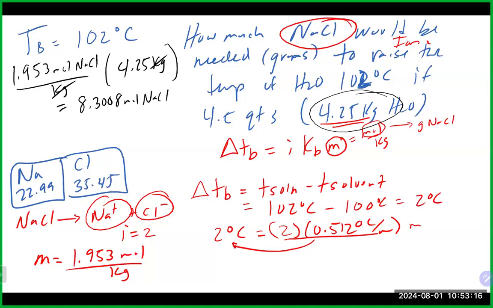I want to know how many grams of sodium chloride that is, so I'm just going to add these two together to get the molar mass. So 22.99 plus 35.45 is going to be 58.44 grams per mole.